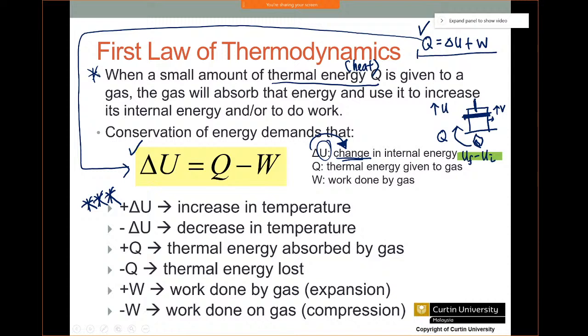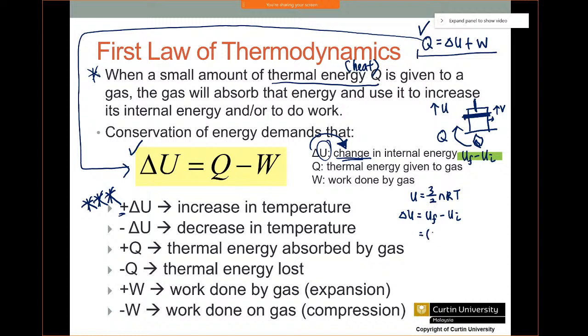If you have a positive sign for change in internal energy, it means there will be an increase in temperature. If you still remember, internal energy equals 3 over 2 nRT. So change in internal energy equals U final minus U initial.